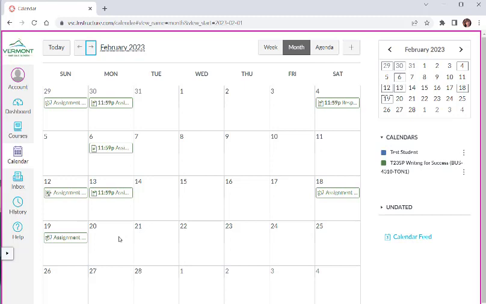Our break officially starts at the end of class on Friday the 17th. And you'll notice that there is an assignment on Saturday and Sunday of this week. Please know that these two assignments are for this week. They're not for break week.